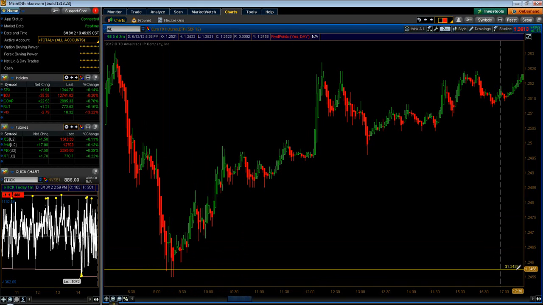We have this long at 24.58. This is a big daily level, so rather than just place a blind limit out here, I like to wait for it to test.